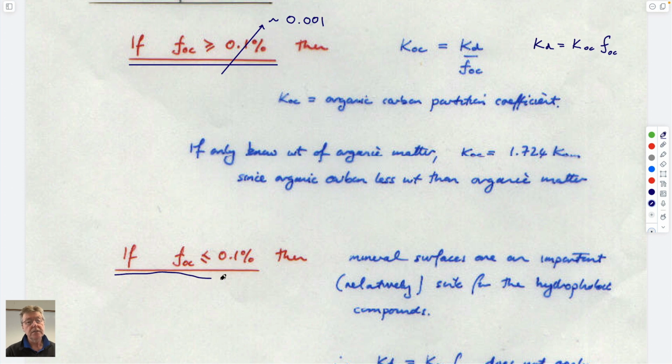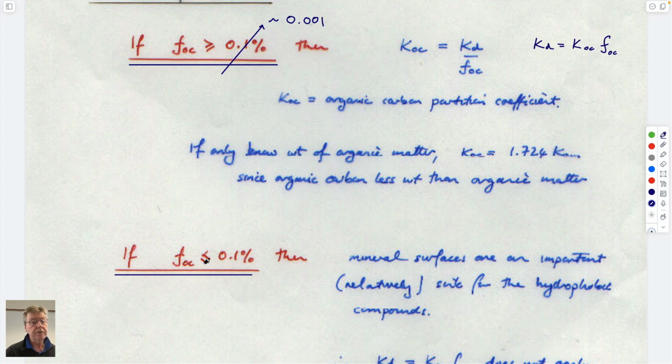But the caveat, and probably important, is that if the fraction of carbon is less than this, then using this method to calculate the distribution coefficient will massively underestimate it. Because if the organic carbon goes to 0, this estimate would say that KD is 0, and there would be no retardation in the aquifer.